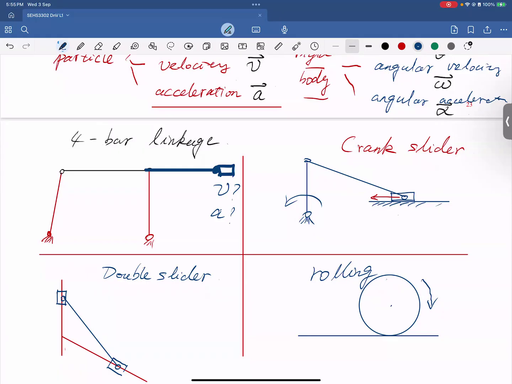Because the piston has a linear motion, and the output of the energy we need to transfer to rotation. So when you know the piston's velocity, can you calculate the angular velocity of the roller, right?